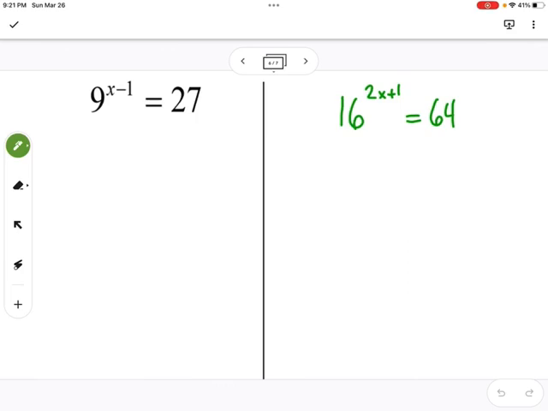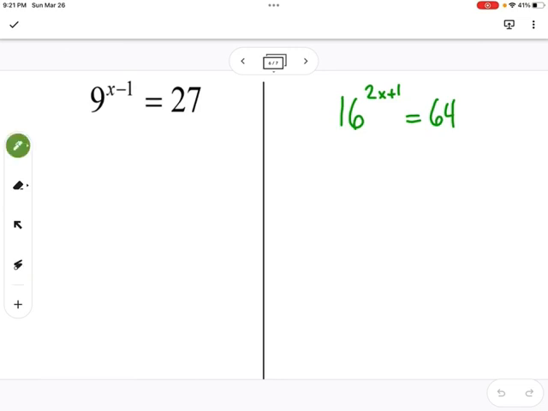So with this one, we have 9 to the x minus 1 equals 27. If we think about this, we cannot make 27 a base of 9 to match these up. But what we can do is make both of them a base 3.